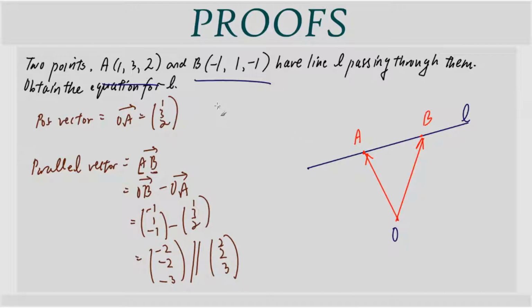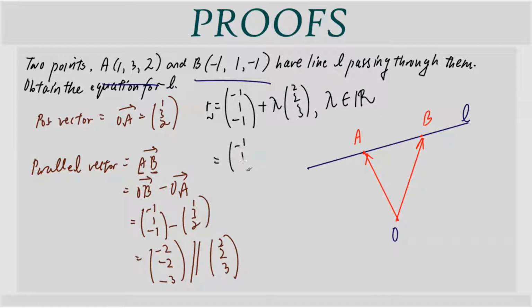Right, so let's say OB is being used. We have R is equal to position vector of OB, -1, -1, -1, plus lambda times 2, 2, 3, the parallel vector, where lambda is an element of real. And this is the same as having -1, -1, -1, plus lambda minus 1 of 2, 2, 3, plus 2, 2, 3, right?